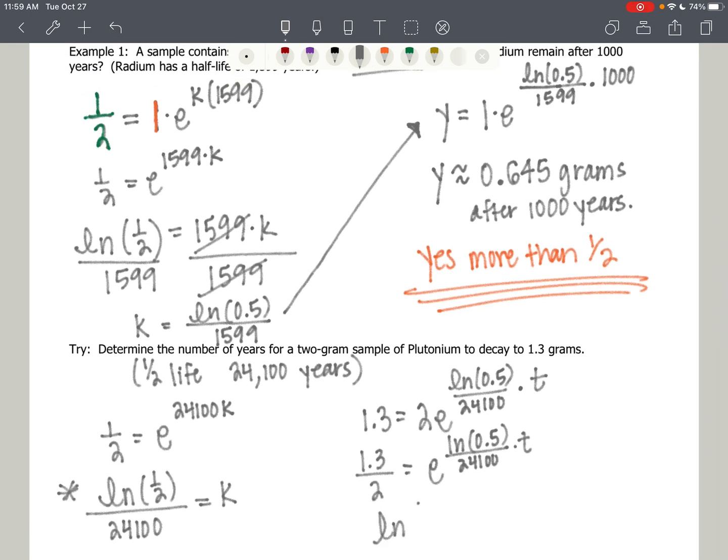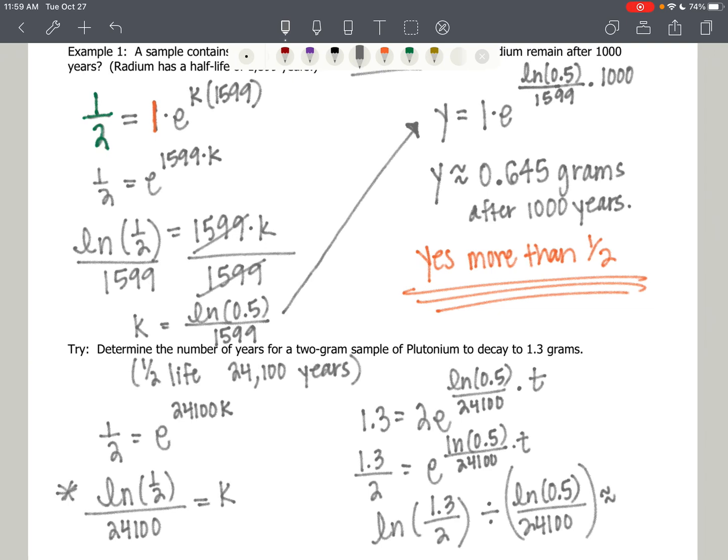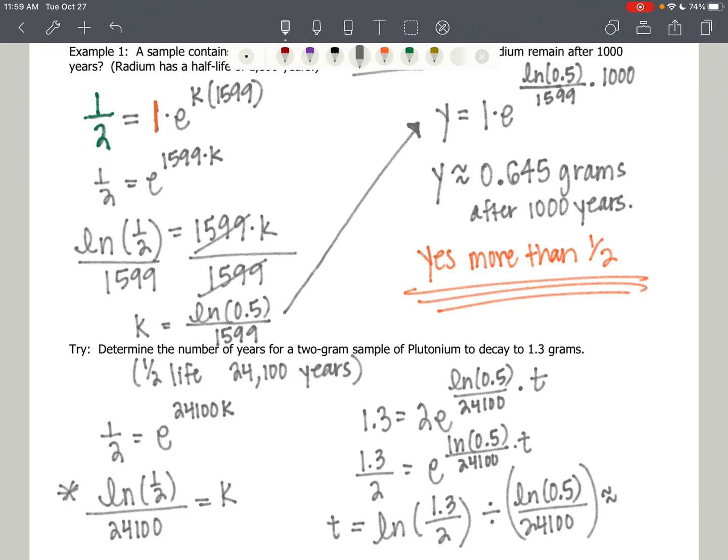So we're going to have the natural log of 1.3 divided by 2, and then we're going to divide that by the k value. And you should have gotten your time, which is 14,977.870 years. It's a really long time.